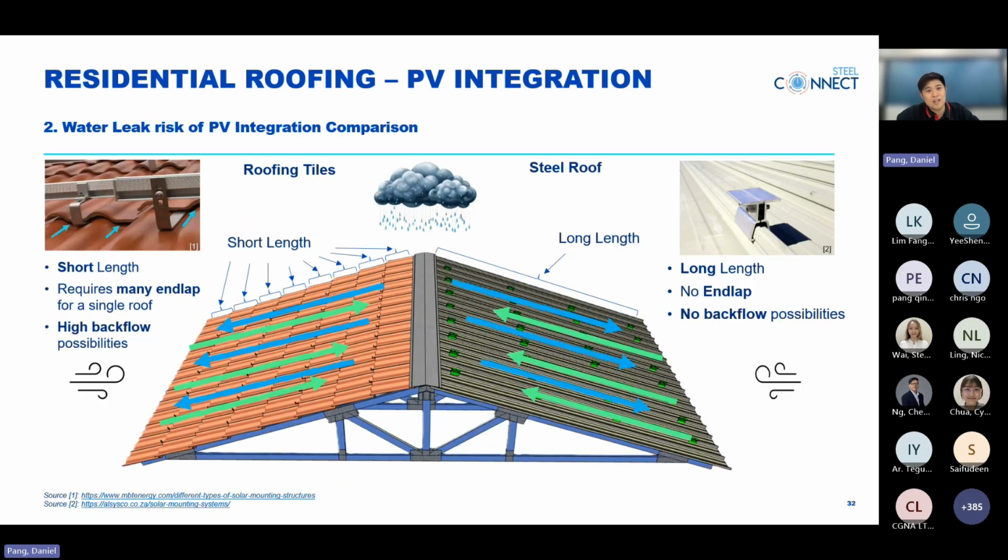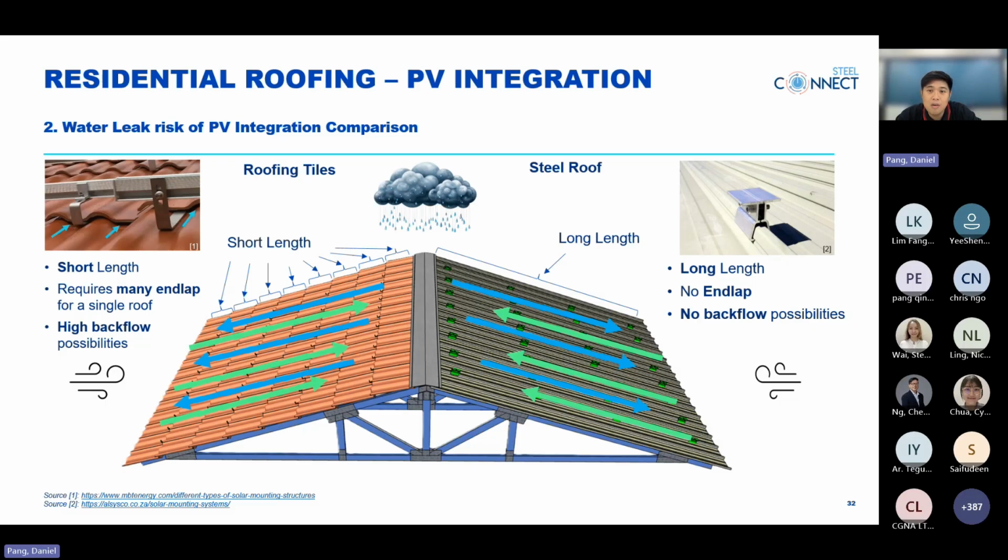And now let's do a bit of a comparison on water leak with the PV integration. So here, similar as before, we have roofing tile and also steel roof. On the same roof, we have these two types of roofing material, which are roofing tile and steel roof.